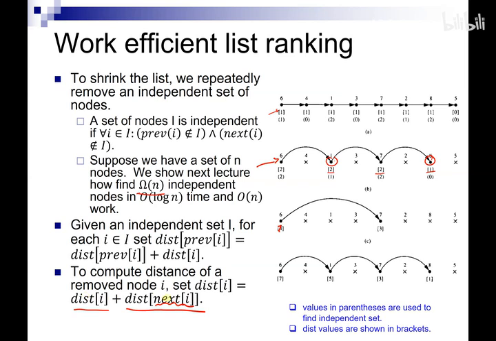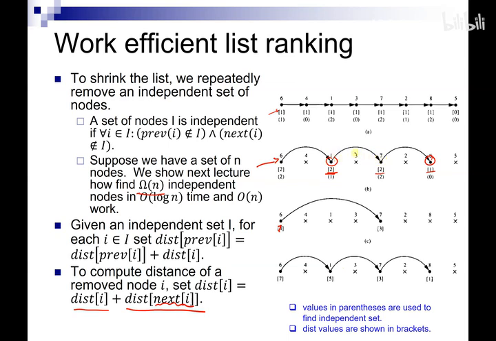Therefore, if you add these two together, then you get the correct distance of node I to the end of the list. As an example of that, here we took out this fifth node over here. When you took him out, he had a distance of 2, meaning that he was 2 hops away from the next node.